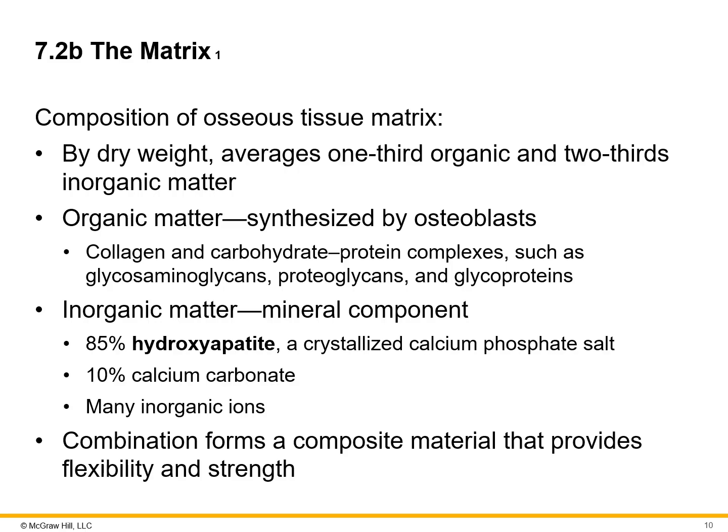What makes up the majority of the crystal component of the bone is called hydroxyapatite. That is crystallized calcium phosphate salts, and a small component is going to be about 10% calcium carbonate.